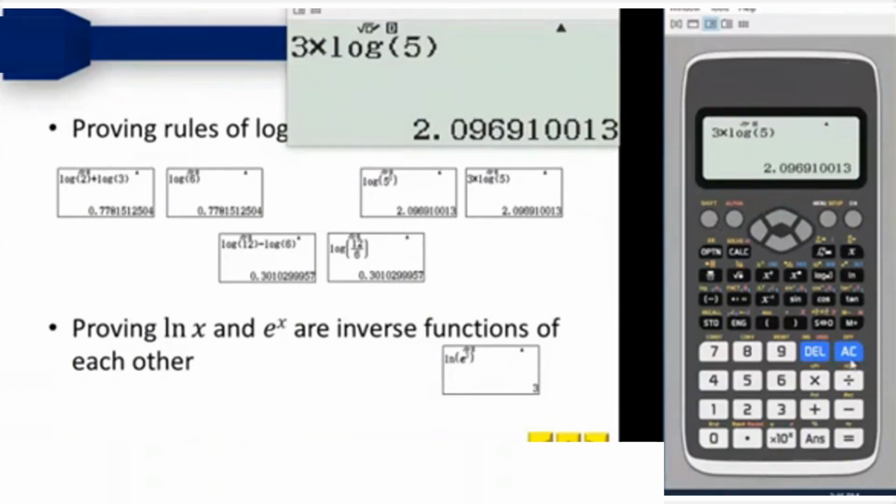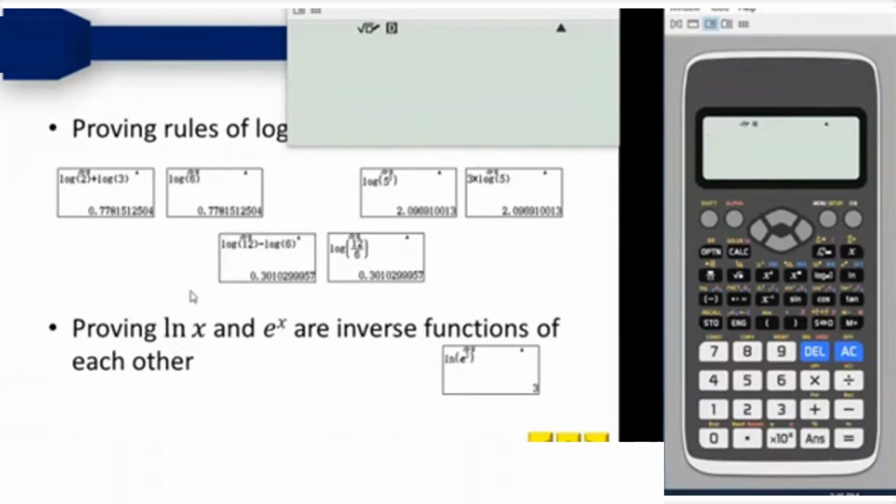The concept is clear. Another thing in log is you should be aware that ln x and e power x are inverse functions of each other.